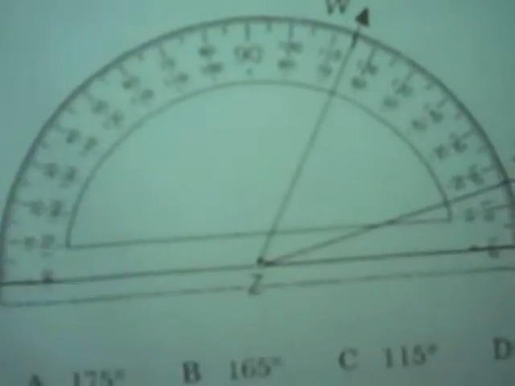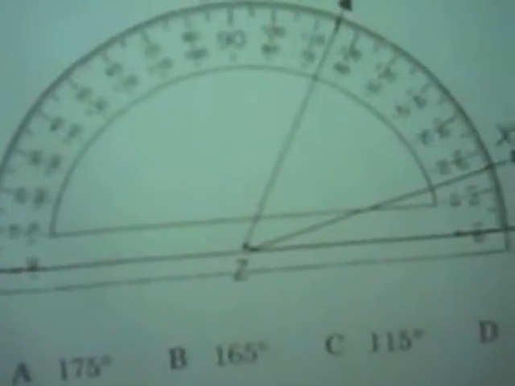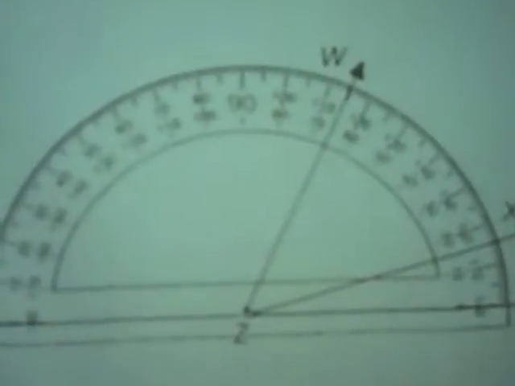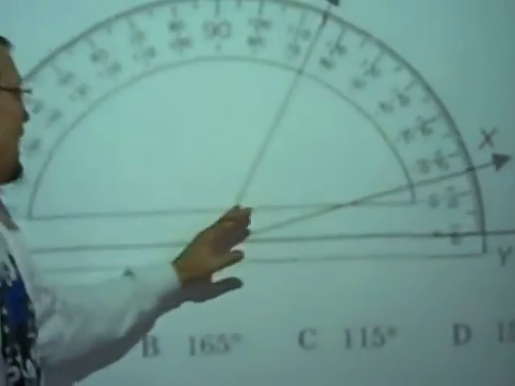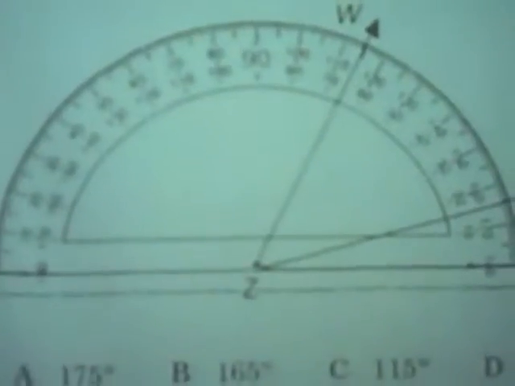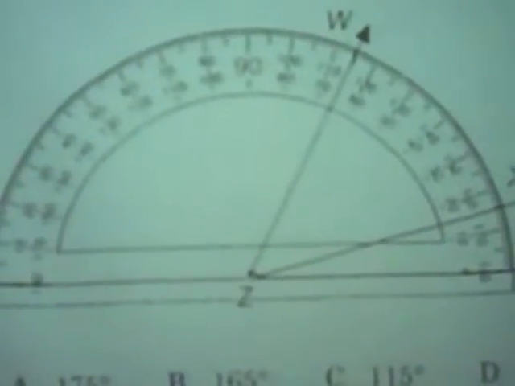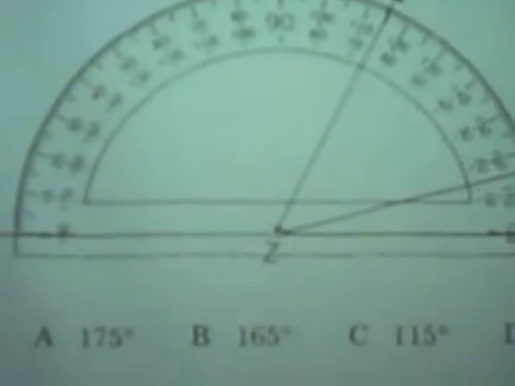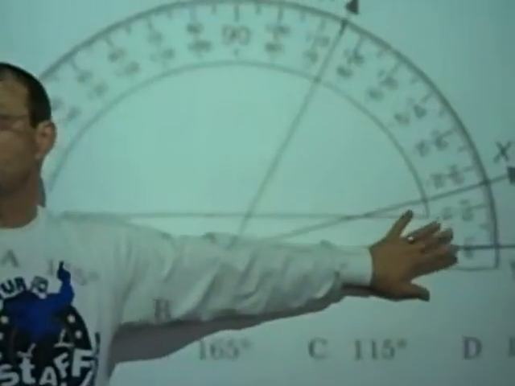One like this is going to be on the tax test. They don't get to issue us a protractor on the tax test, do they? They will already have it copied on the paper, and they will have angles drawn on the protractor. And they will ask you the measure of such and such angle. Okay?